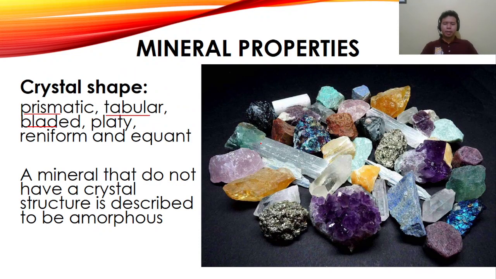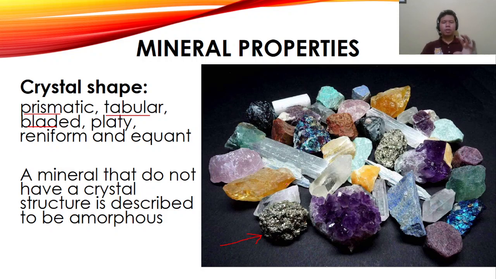A mineral that does not have a crystal structure is described as amorphous, having an irregular shape, such as this one. As you have noticed, it doesn't possess any crystalline structure.